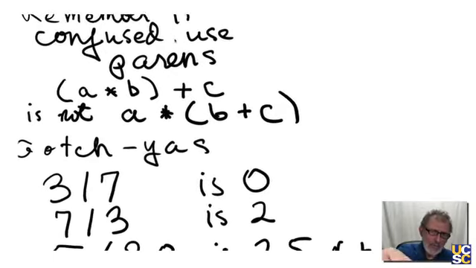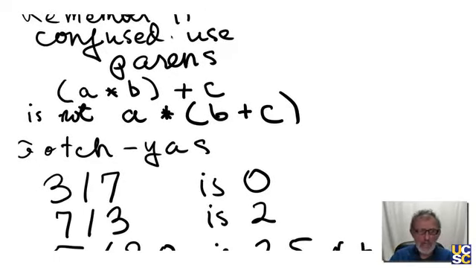Now, if things get too confusing in expressions, then to unconfuse yourself and the people reading and maintaining the code, use parentheses. Keep in mind that parentheses override the built-in precedence and associativity of the operators.